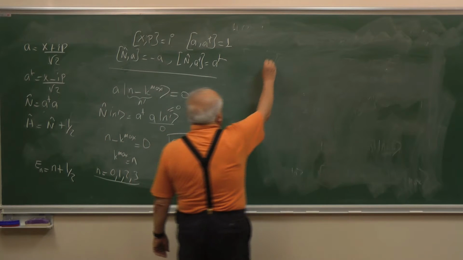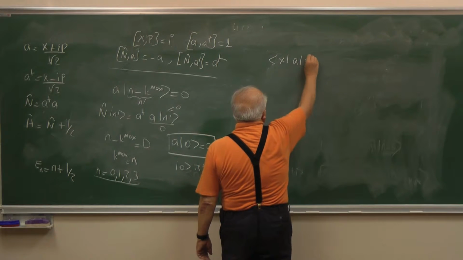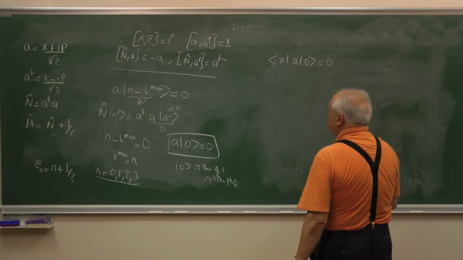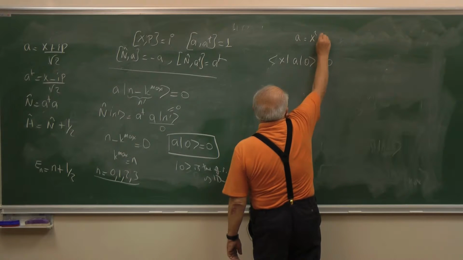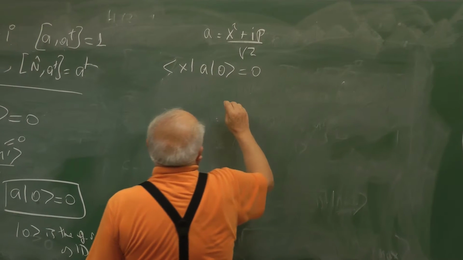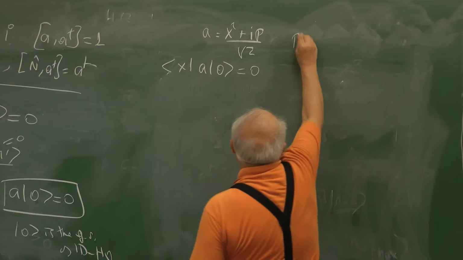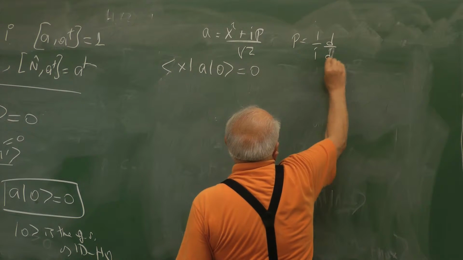For example, if I do A 0 is equal to 0, this is a differential equation because A is a differential operator, x plus ip over root 2, and the coordinate representation of p is 1 over i d by dx.